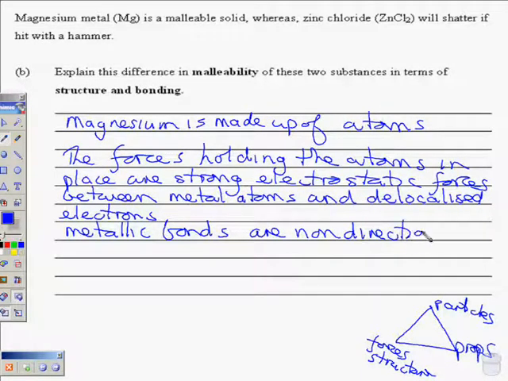Alright? Should we also add in the properties of them? Now, exactly. That's now, and the final sentence has to be a comment on the property. So it works, the system works. We've started with the particles. We've forced ourselves to say a little bit more about what the nature of those forces are, other than just to say metallic bonds.